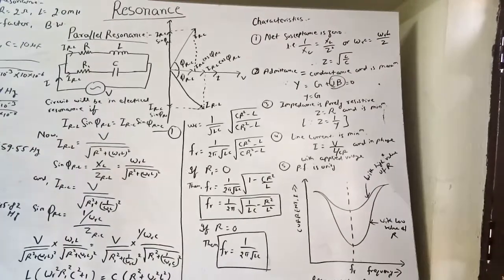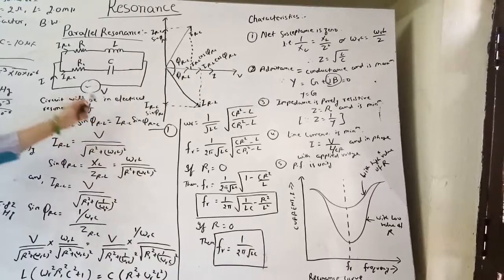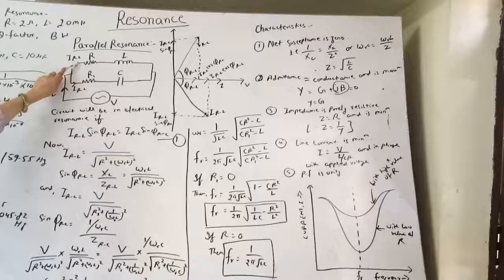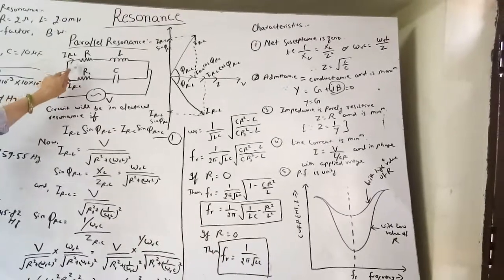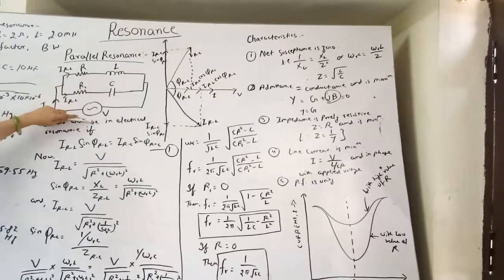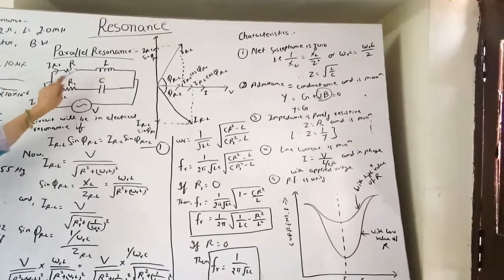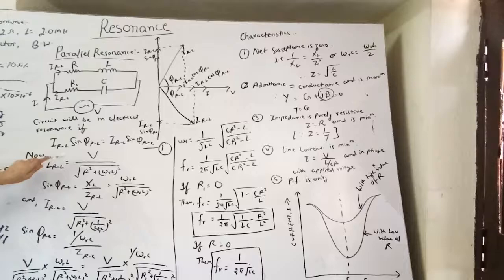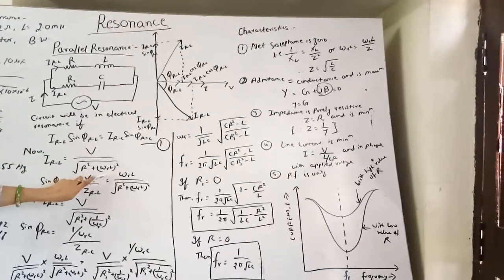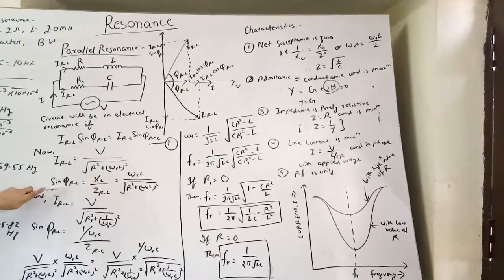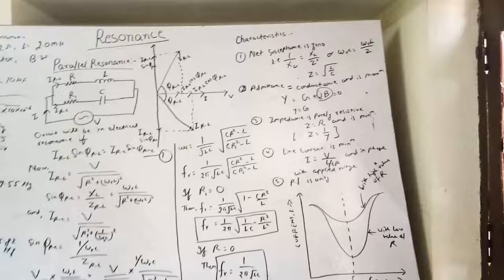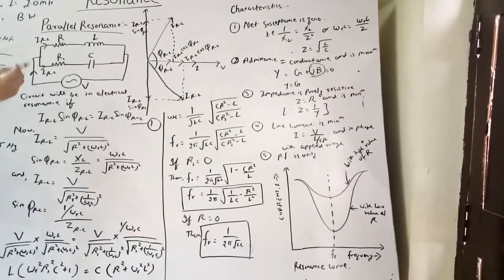Now calculate all these values. IRL sin phi RL. IRL is, you can calculate, V across this, voltage across this IRL is V because it is in parallel, upon impedance of this circuit ZRL. We have written here V upon root under R square plus omega L square. Similarly, sin phi RL can be calculated from the impedance triangle.